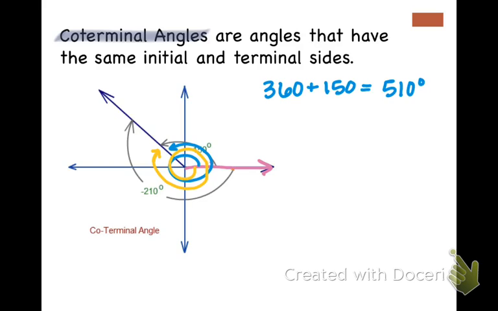So for coterminal angles, you have both the initial positive and negative, and then you have all these extra revolutions, by adding another 360, or if you're in the negative, subtracting another 360. So these can give us an infinite number of coterminal angles, because I can keep going around in these circles. I can do 10 revolutions and then end, or 20 revolutions and then end, and it's still a coterminal angle if it ends in that same spot.